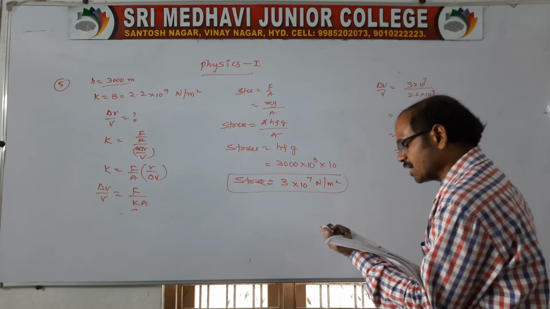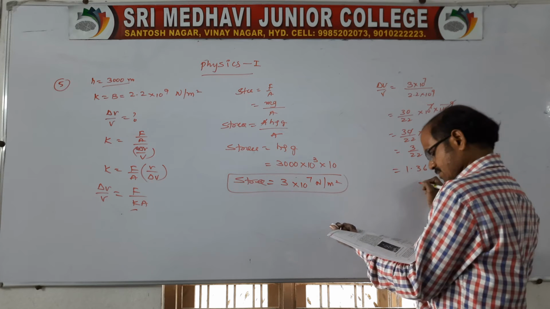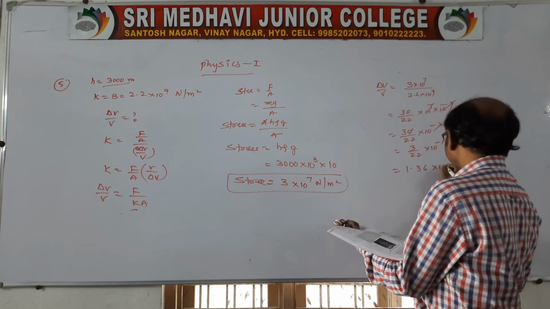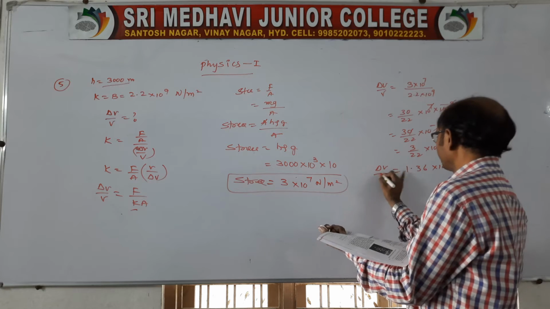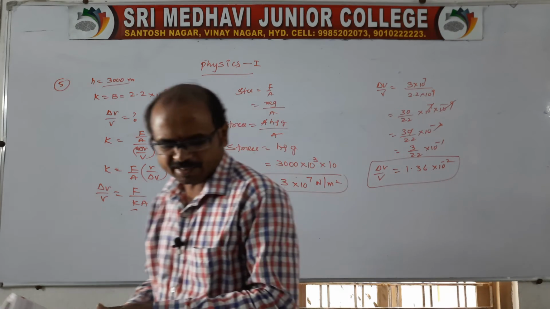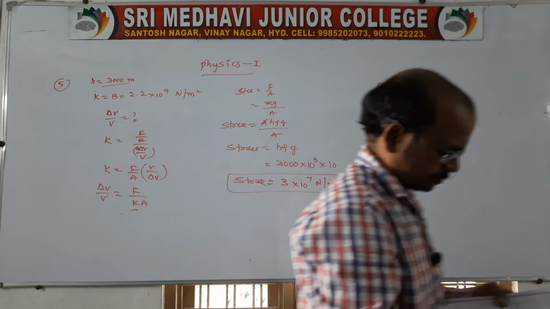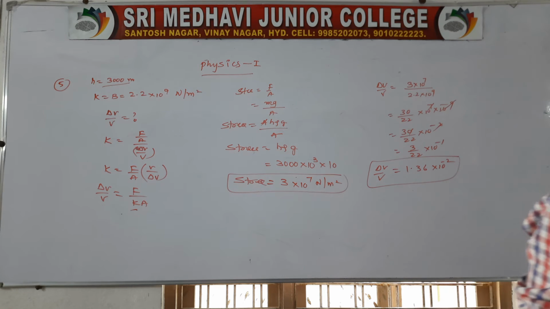So approximately delta V by V is 1.36 into 10 power minus 2. This is delta V by V for the given question. Okay?